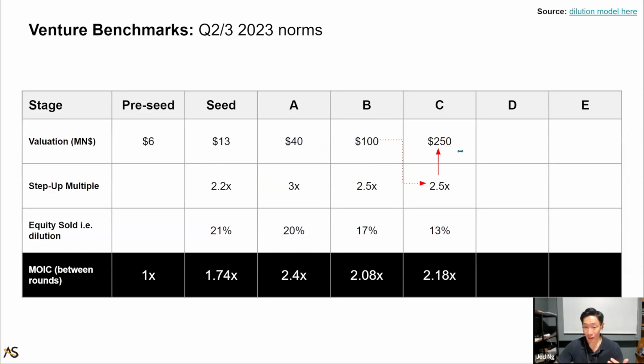Series C, $250 million valuation, we get 2.18x. Series D, we see another 2.16x MOIC, and Series E, a 1.44x MOIC. Okay, so these are high-level averages that give you an idea of what to expect across different rounds.